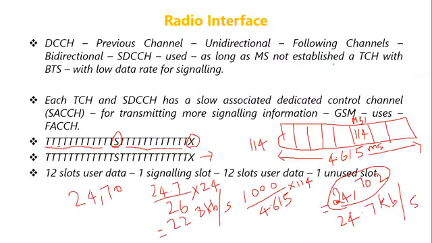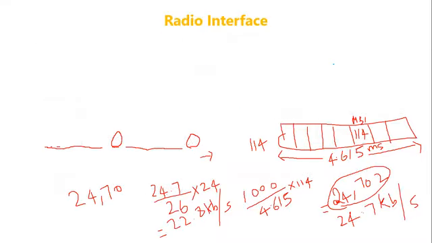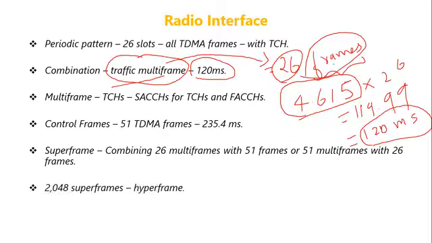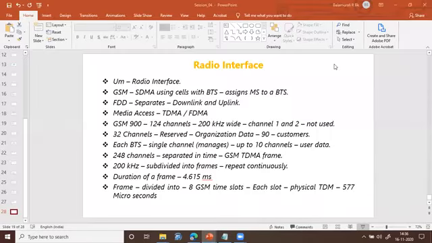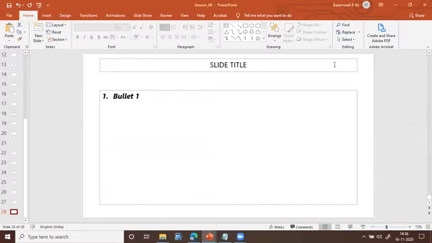And then we have discussed the TDMA frame, its duration is 4.65 milliseconds, and each slot occupies 577 microseconds. And out of that, what are the data bits, what are the signal bits? Okay, all these things we have discussed, and finally we have discussed what are the logical channels and frame hierarchy.